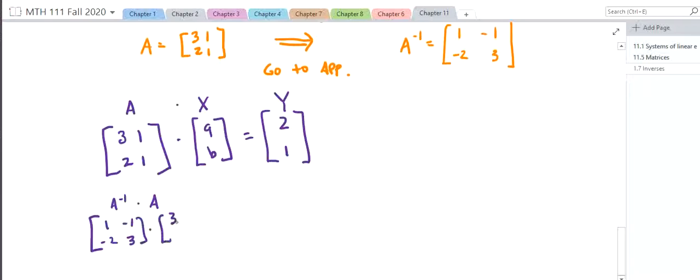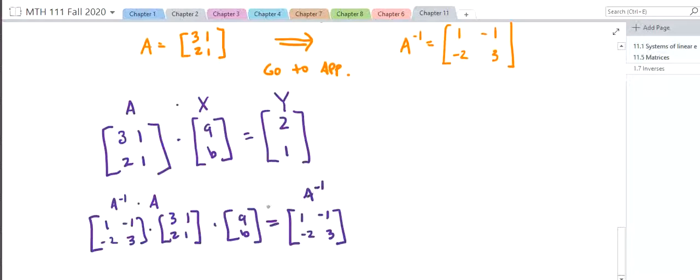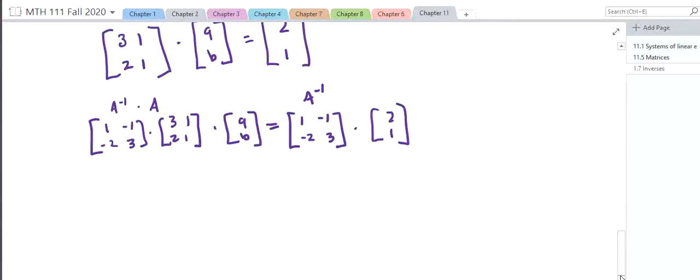Multiply this by A, 3, 1, 2, 1, and keep this. But since we multiplied this by that, we have to pre-multiply this by the same thing. So here's A inverse again. Since I multiplied by A inverse over here, I have to do it over here. But at least I have numbers over here I can operate on.